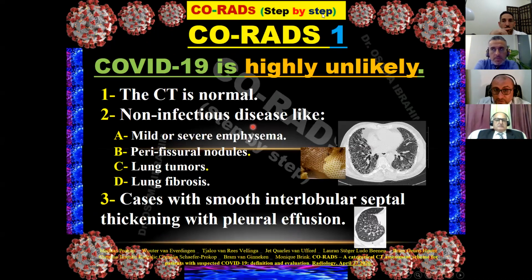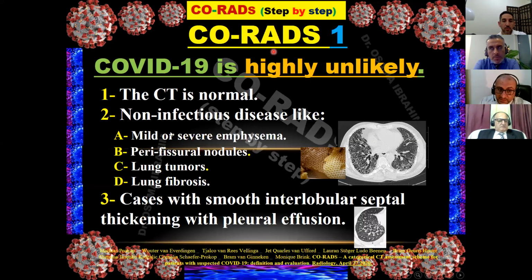CORADS 1 is the remaining type, and this means a highly unlikely diagnosis of COVID-19. First, if the patient is symptomatic with fever or shortness of breath but the HRCT is completely normal, I diagnose it as CORADS 1, highly unlikely, although there is still a possibility of COVID-19.